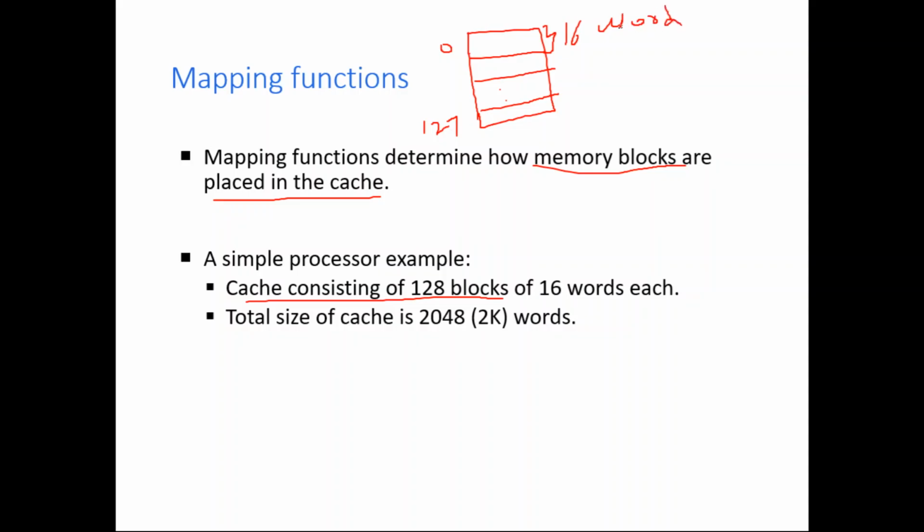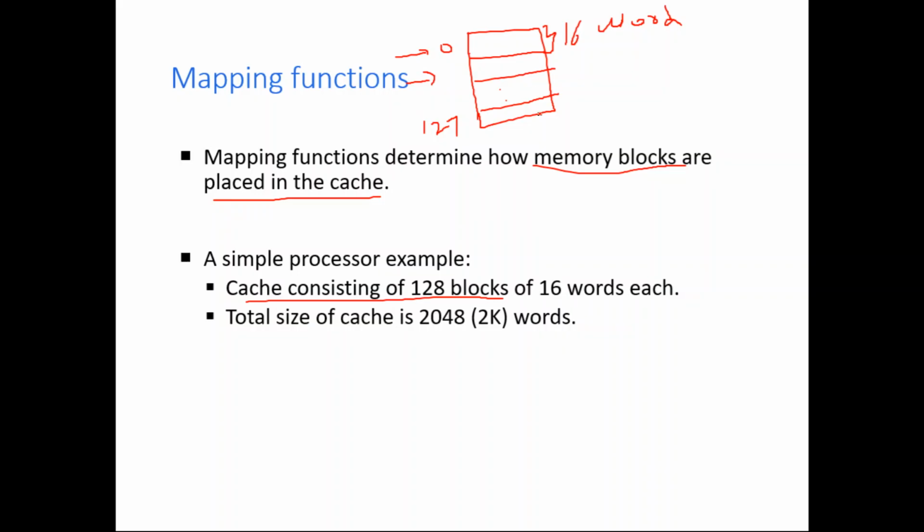The size of the word varies from computer to computer. It can be 1 byte, 2 bytes, or 4 bytes, whatever it may be. We are not going into that. The only thing we know is that the cache memory can hold 128 blocks, where each block can hold 16 words.